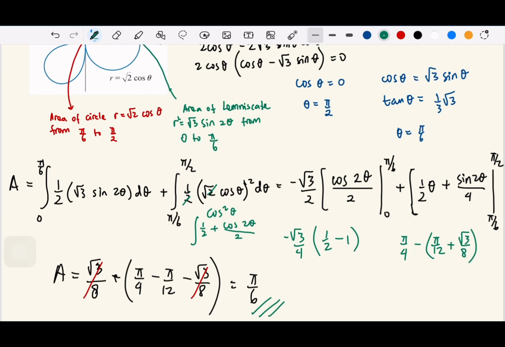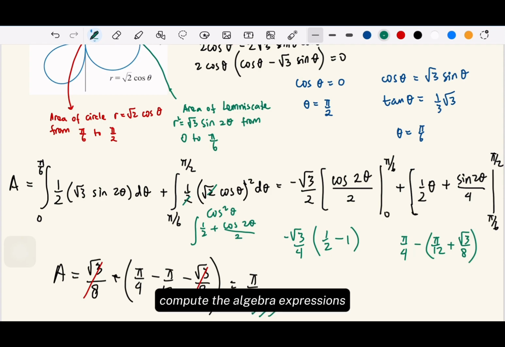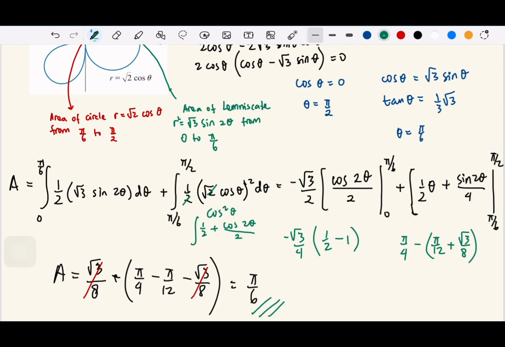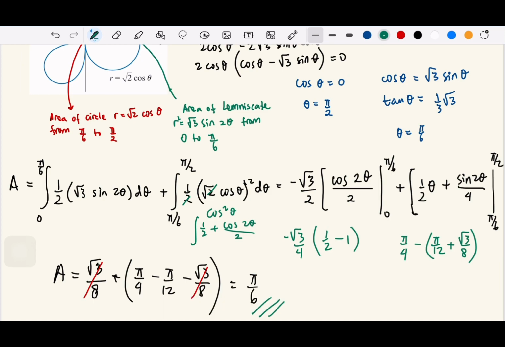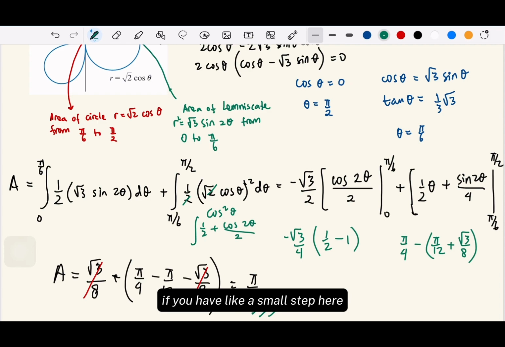Okay. The more you get used to how to compute the algebra expressions, I believe you will get faster at solving this. But I think it doesn't matter as long as you get your complete formula here and it's correct. It's already halfway. You already get 50% on your answer sheet. If you have a small mistake here, maybe you still get 80% to 90%.